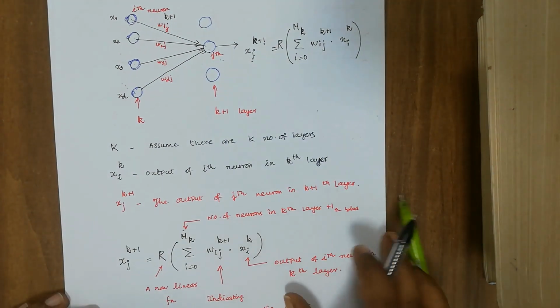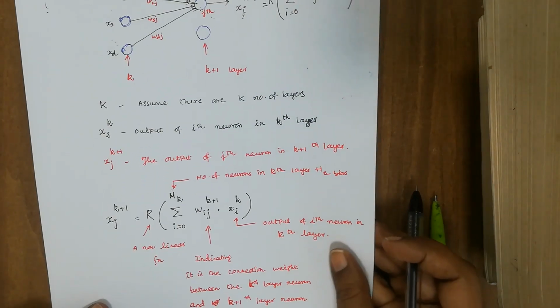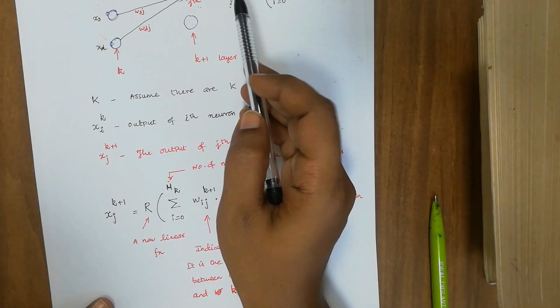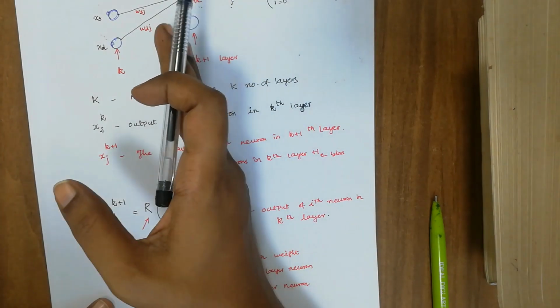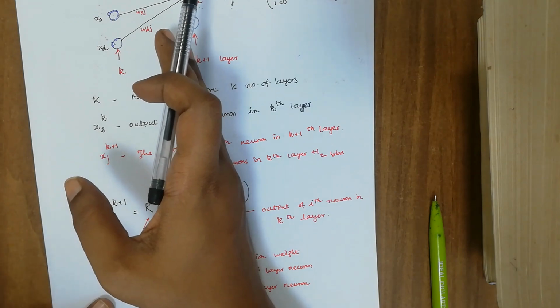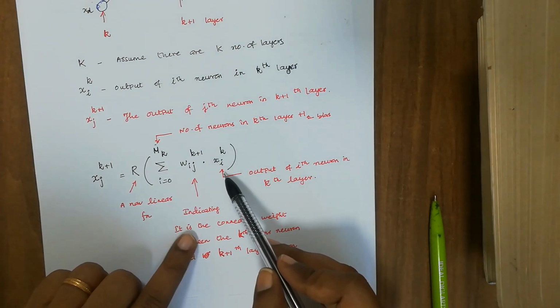With this terminology, let us discuss how to update the weight between the output layer and the previous layer, which are capital K and capital K minus 1. Before going, let us take this.